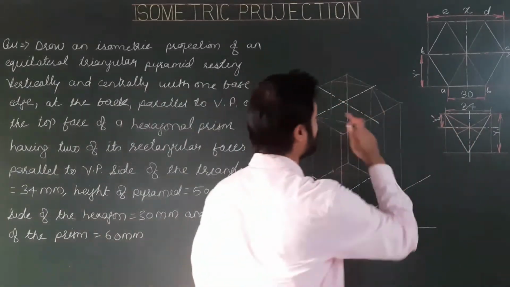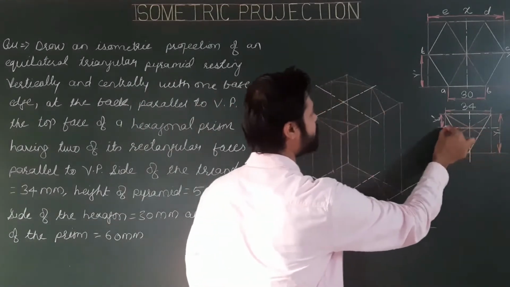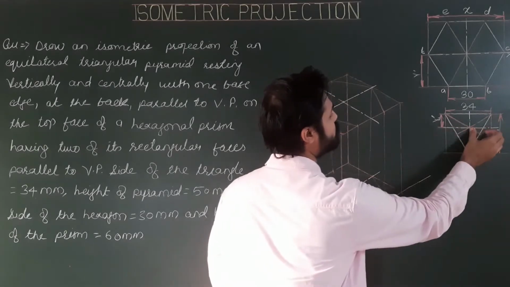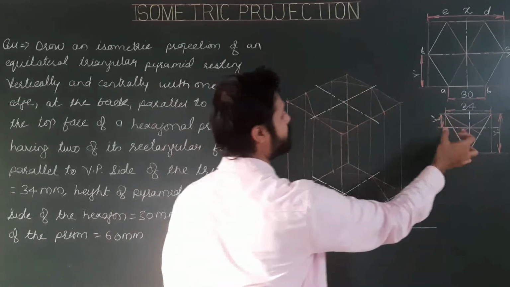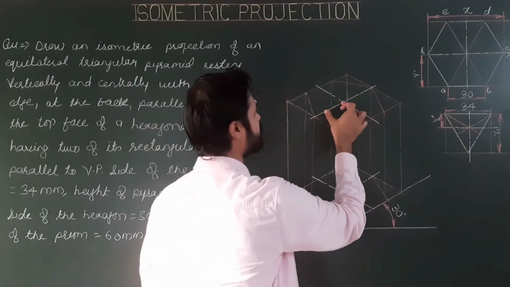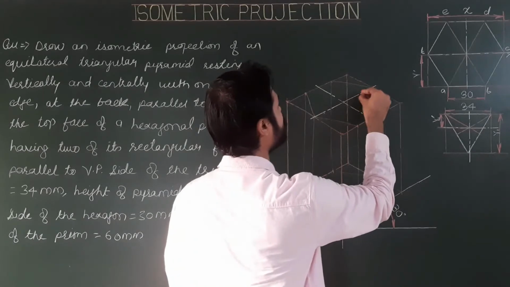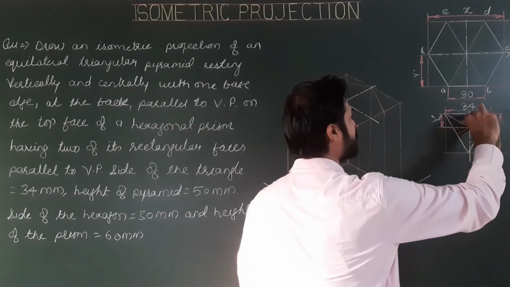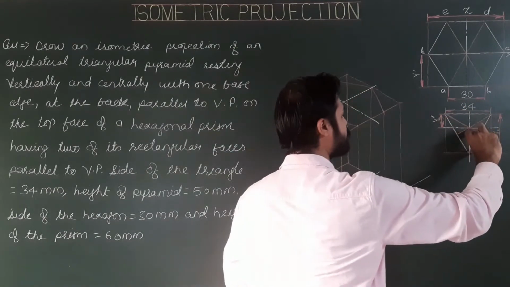So along center line marking limits of helping figure. So from the center, this is the limit from center. These are two limits of helping figure, third limit and fourth limit.